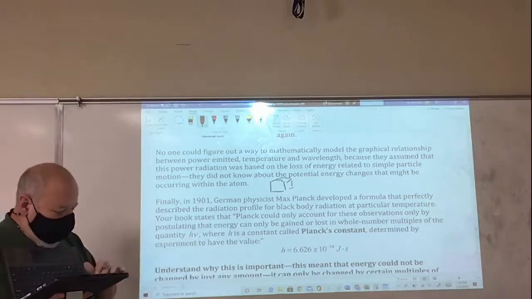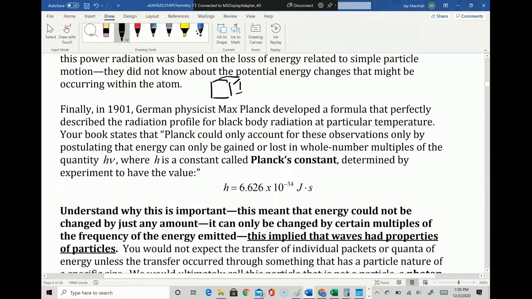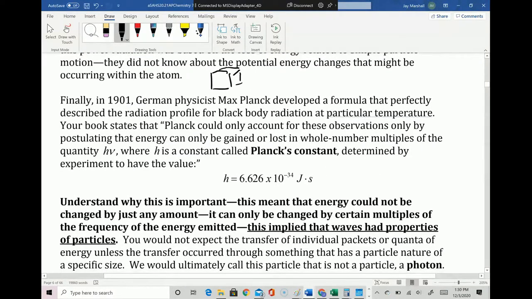The point here is that this meant that energy could not be changed by just any amount. I can't change energy from here to here, or from here to here, or from here to here.